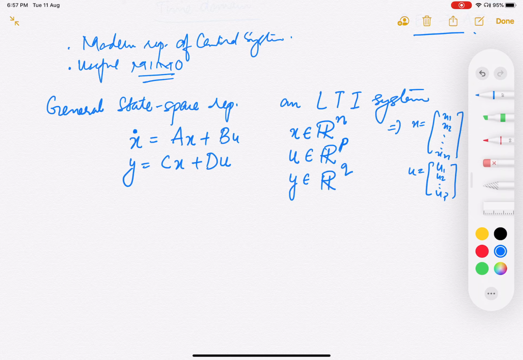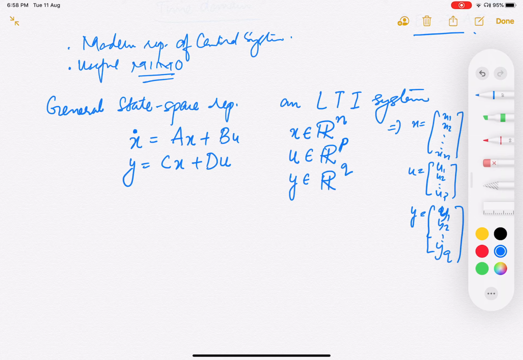So Y could be Y1, Y2 goes up to YQ. So all of them, X, U, and Y, are not single entities, but they have multiple components, right? X has n components, U has p components, Y has q components.